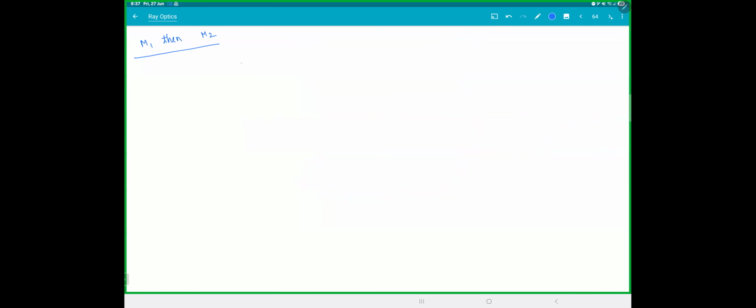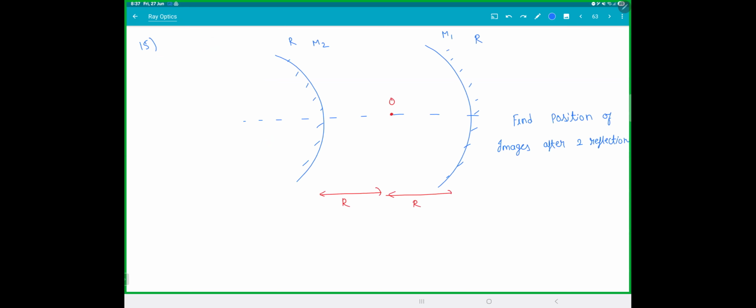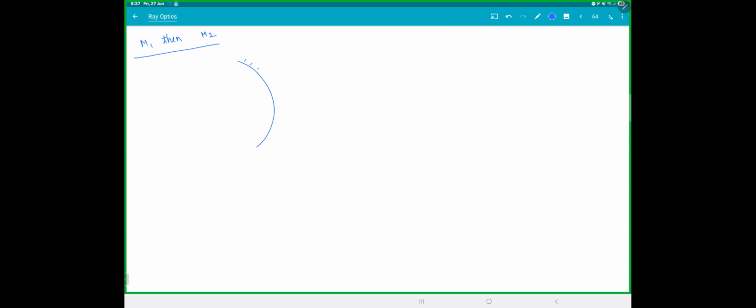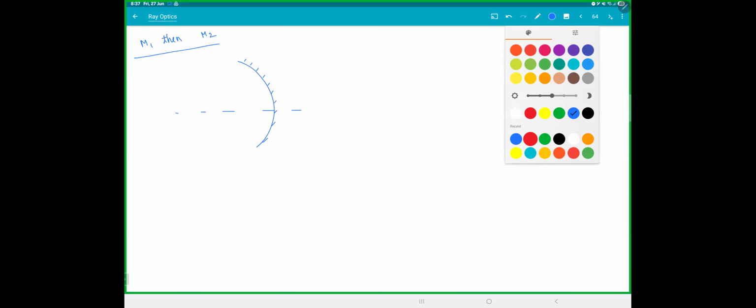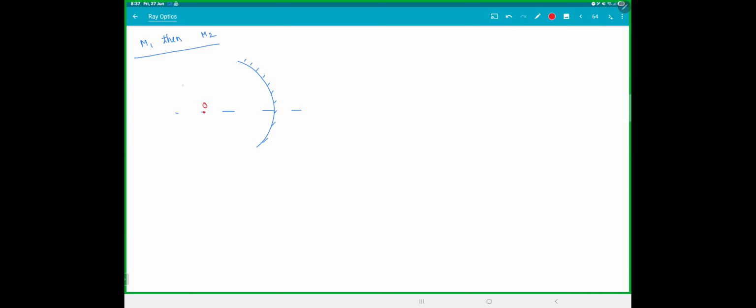So for M1, that's a concave mirror. You can clearly see the object is at the center only, isn't it? Radius is R, the center is also at R. This O is the center only. That means after the first reflection, the light rays will go here and they'll come back to the center. So the first image will form at the center. So this I1 will act as an object for the second mirror M2.